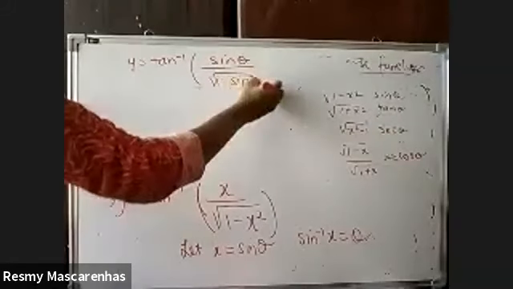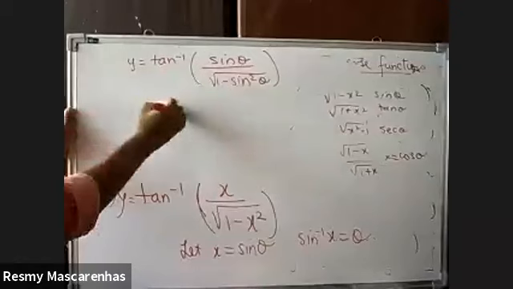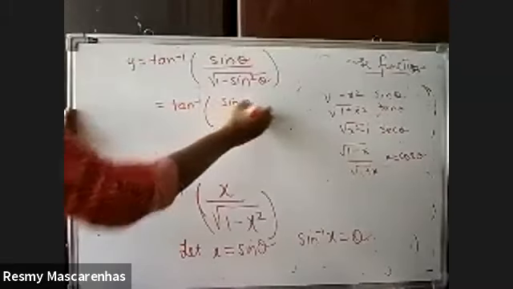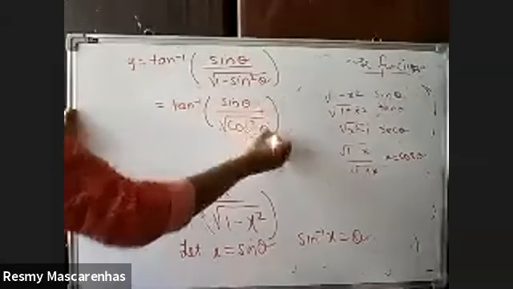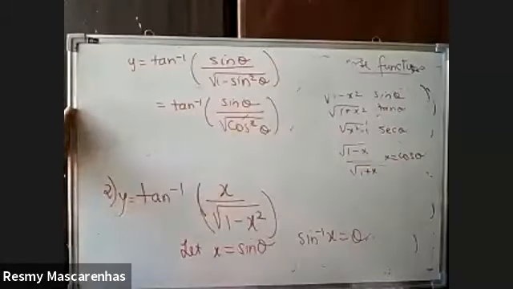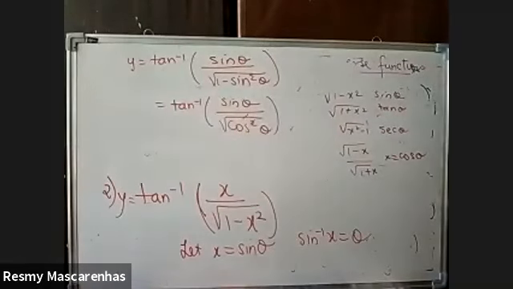This is a simple one. 1 minus sine square theta, just now we did, that is cos square theta. Then root and square will cancel. Then it will be sine theta upon cos theta, which is nothing but tan theta.